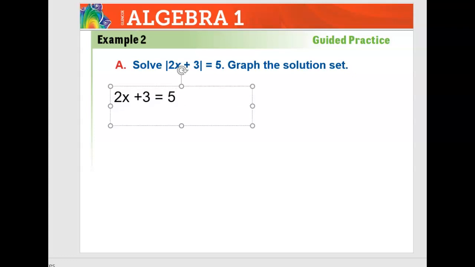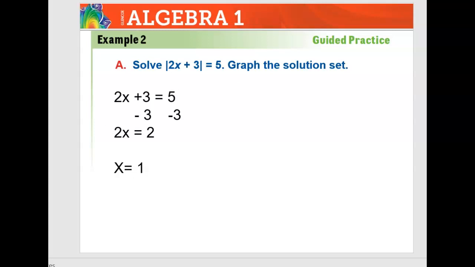You would subtract 3 from both sides, so you get 2x equals 2. Divide both sides by 2, and we get x equals 1.